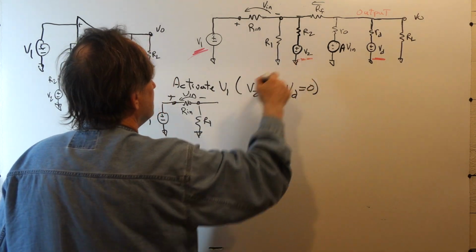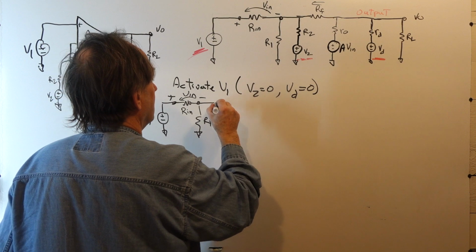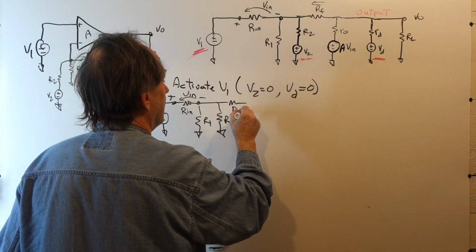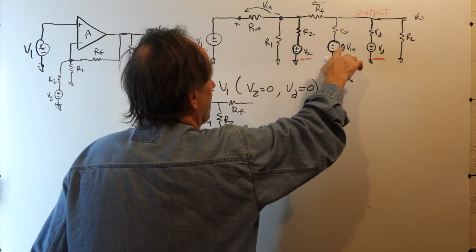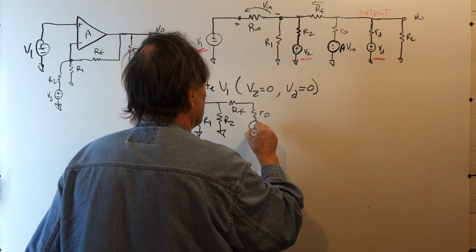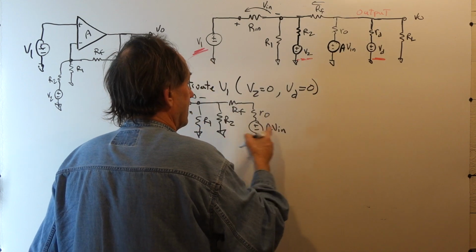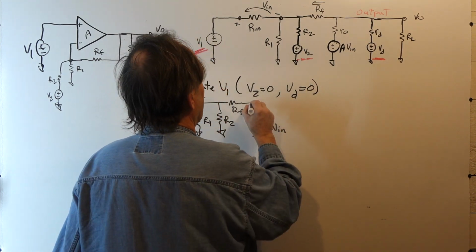Now we replace V2 with a short, so we end up with R2 to ground. We have our RF. Now we have Rout and the voltage source A Vin. This is our operational amplifier.